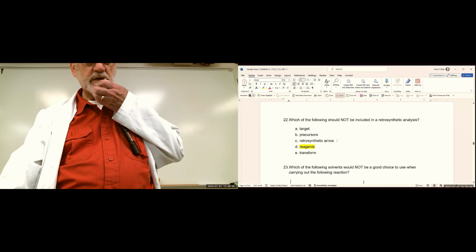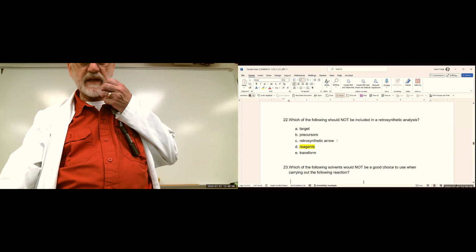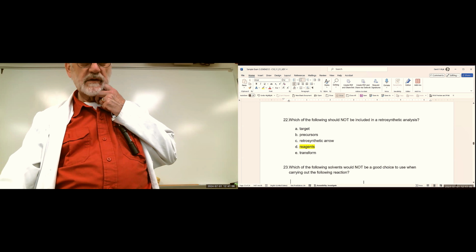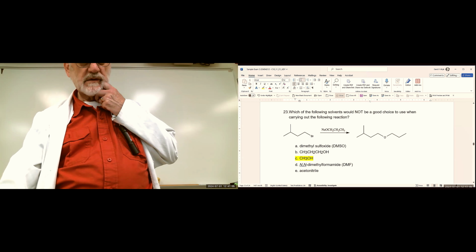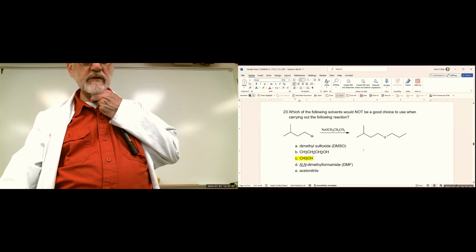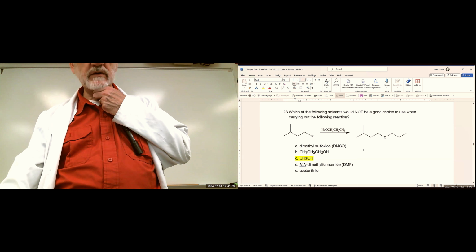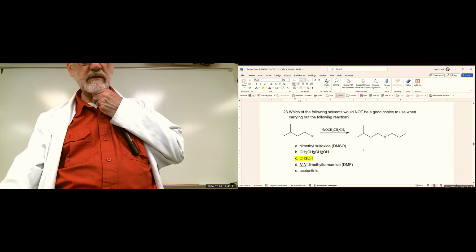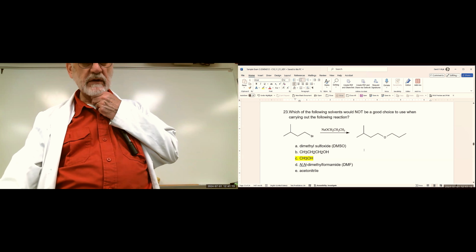Not be included in a retrosynthetic analysis reagents. Which of the following solvents would not be a good choice to use when carrying out the following reaction? Okay.